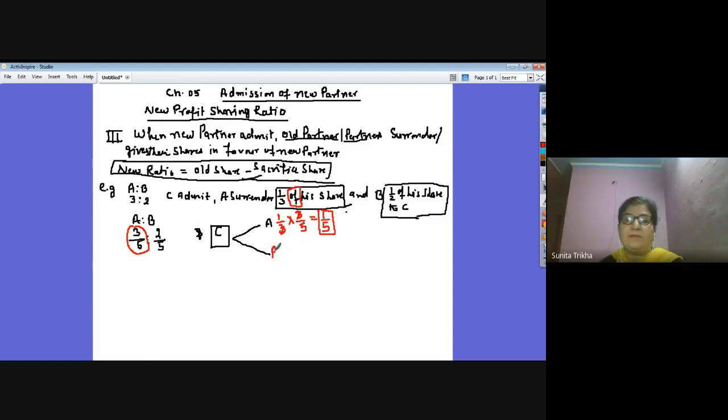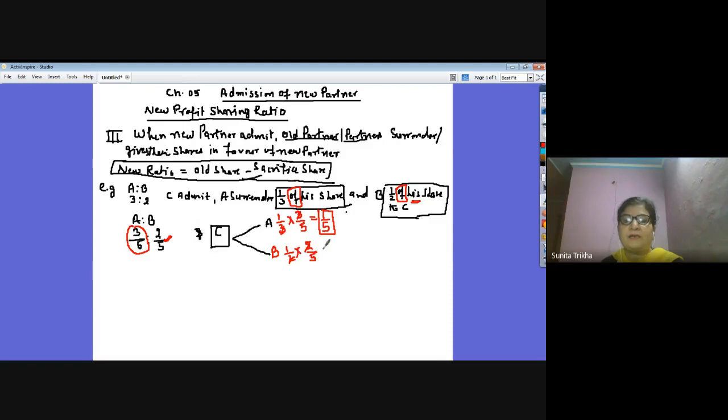In the same way, B surrender 1/2 of, multiply his share. B's share is 2/5.